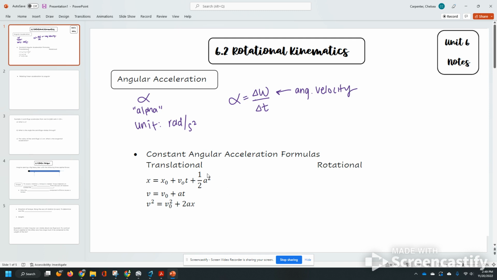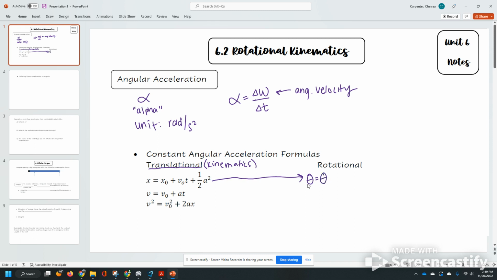Okay. So kind of nice, we can just take our constant acceleration formulas from what we've used before, translational, these are our kinematics formulas that we've talked about before, and rewrite them for rotational quantities. So wherever we have a translational quantity, we'll just replace it with the corresponding rotational. So instead of position in meters, we measure position in radians.